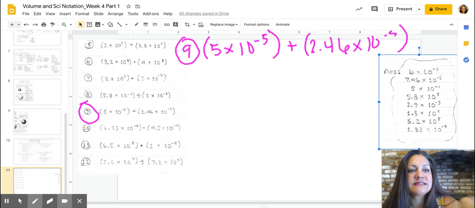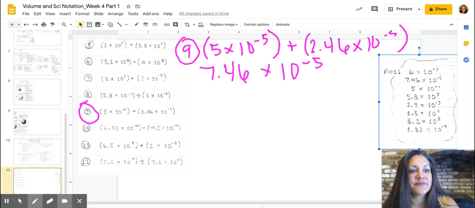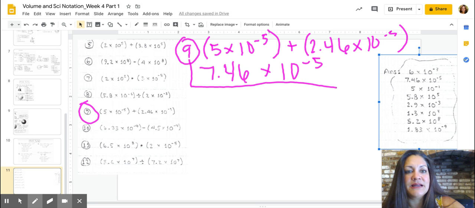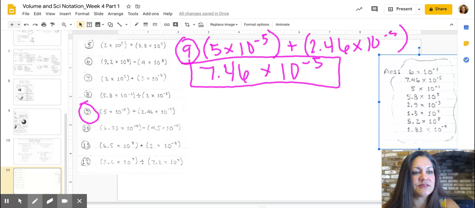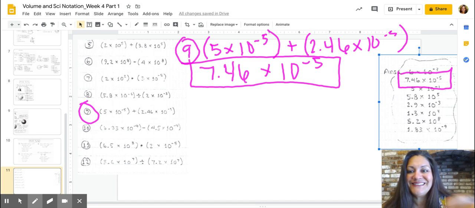And same power, so I'm going to say 5 plus 2.46 is 7.46 times 10 to the negative 5th. Guess I skipped a step, but we could do that one mentally. And here it is. All right.